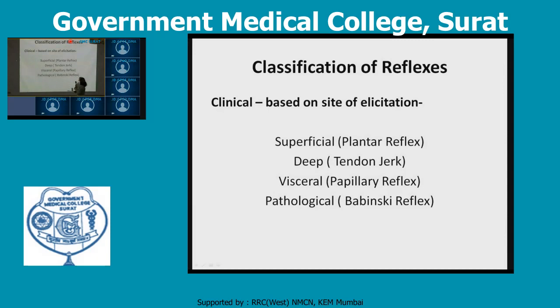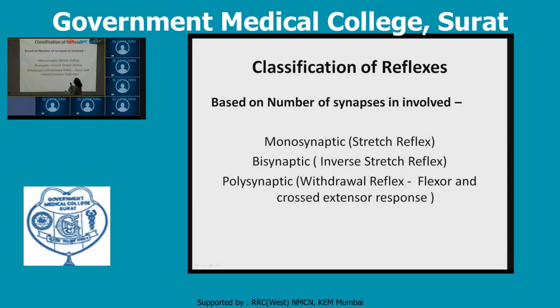Next. Depending upon the number of synapses involved, reflexes can be classified as monosynaptic. Monosynaptic is the stretch reflex, where one synapse is there: the receptor, afferent limb, efferent limb and the effector.